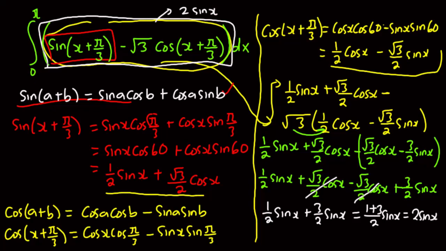So actually we are just finding the integral of 2 sine x, where the lower limit is 0, the upper limit is pi. Now this can be simplified, so let me bring the constant out.